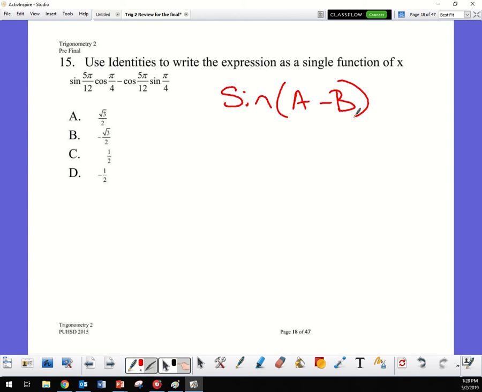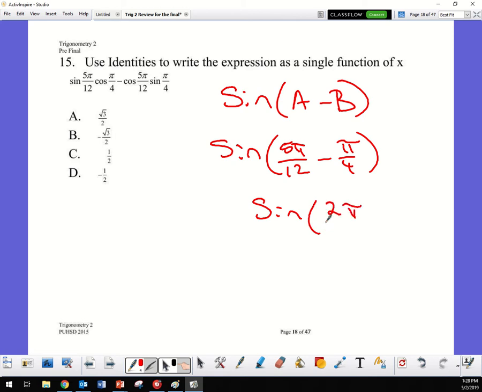So now this is basically saying I'm going to have sine of 5 pi over 12 minus pi over 4. So it is sine of 2 pi over 12, which is sine of pi over 6, which gives me 1/2.